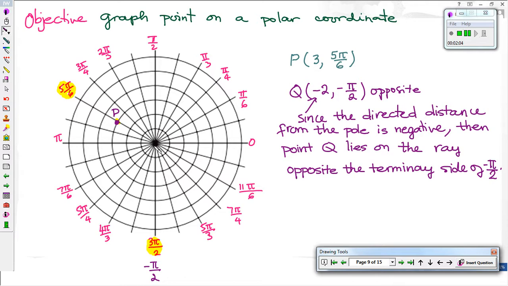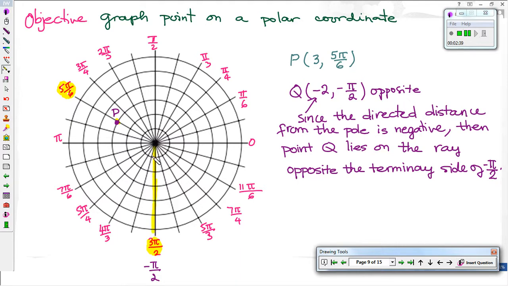Now from the pole, we are going to count the distance toward this. So the distance is 2. So 1, 2, but we cannot take this point. We make a note right here that since the directed distance from the pole is negative, point Q lies on the ray opposite the terminal side. I'm going to go ahead and highlight this terminal side.